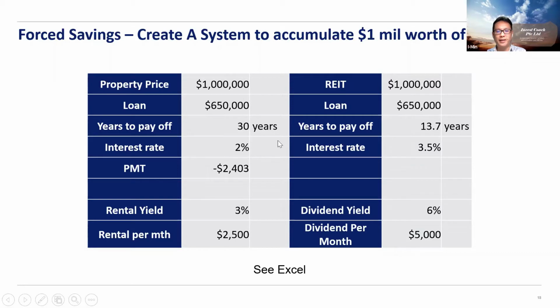If you do the mathematics, the monthly mortgage will be about $2,004. Rental yield is 3% of this 1 million. That means every month about 2,005. Very nicely, this 2,005 covers the mortgage. So you don't have to do anything. And 30 years later, the property is yours.